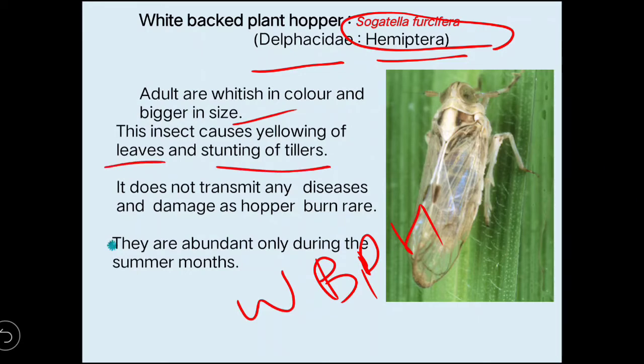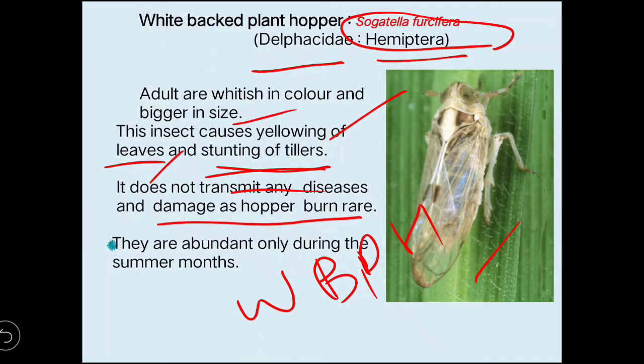They are also a sucking pest, because they are hoppers, so they also suck the sap. As a result, yellowing of the leaf will occur and the tillers will not grow, so stunting of tillers will occur. It does not transmit any diseases, and hopper burn damage is rare.